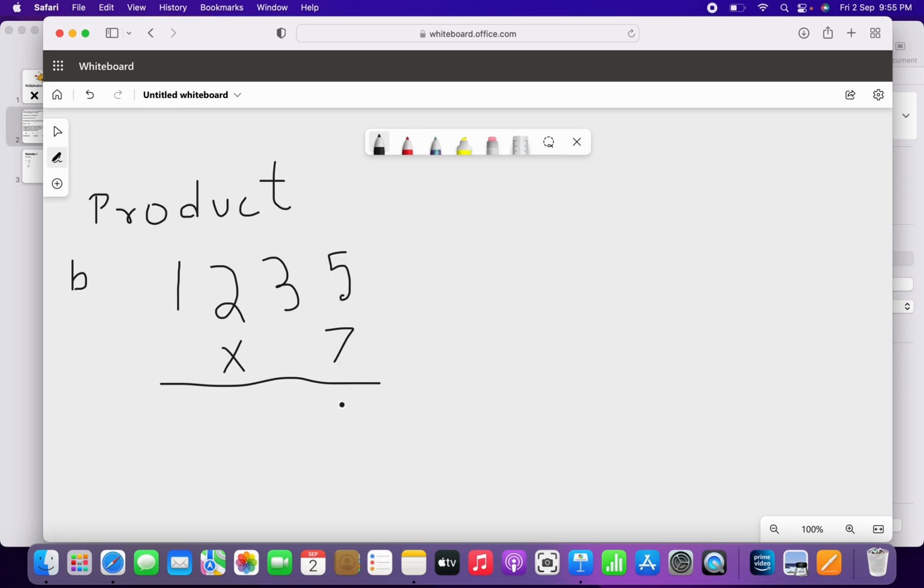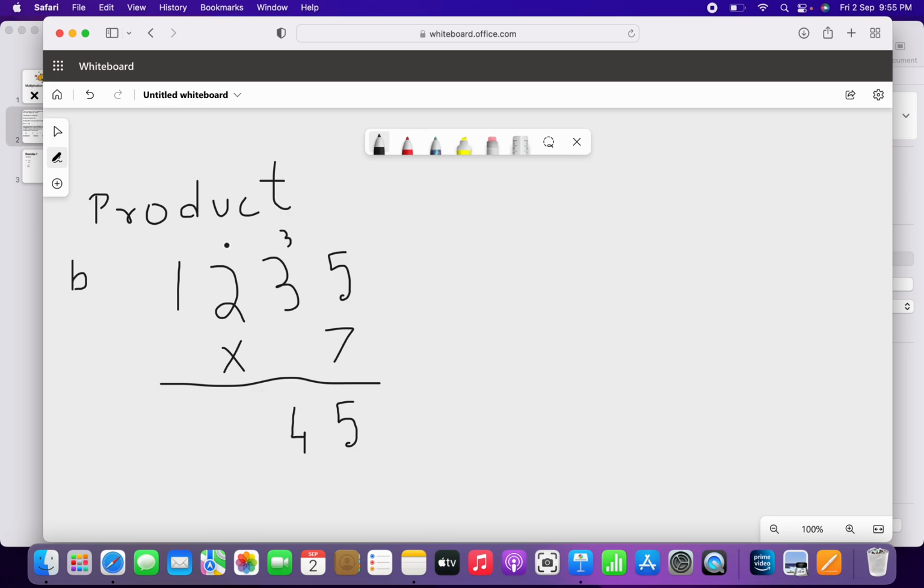7 times 5 is 35. You write 5 in the ones place. You carry over 3 to the tens. 7 times 3 is 21. 21 plus 3 carry over is 24. You write 4 in the tens place.